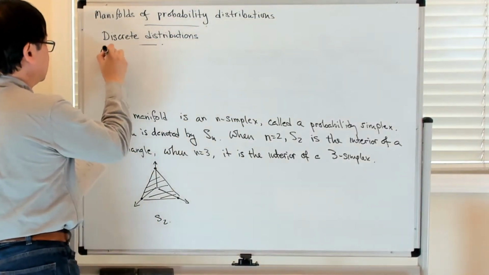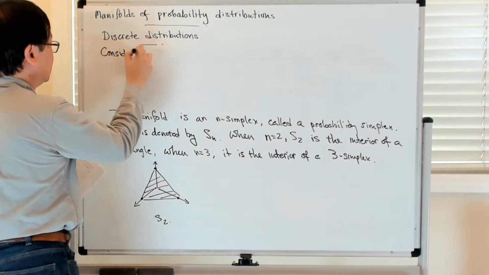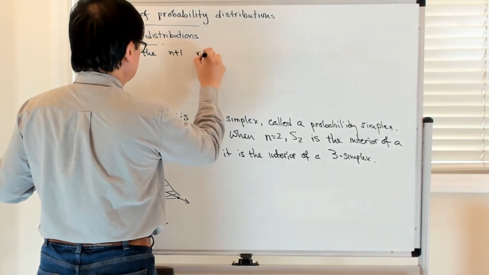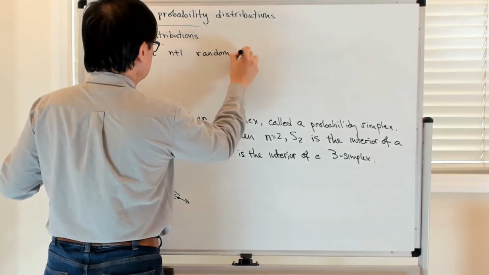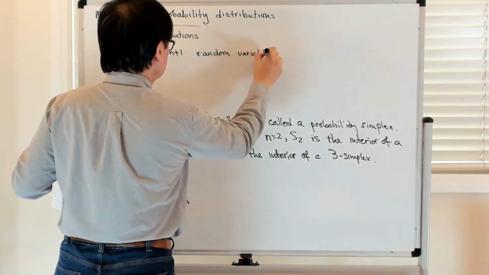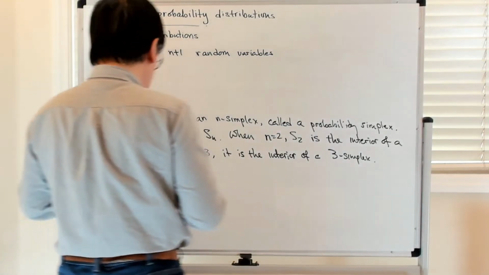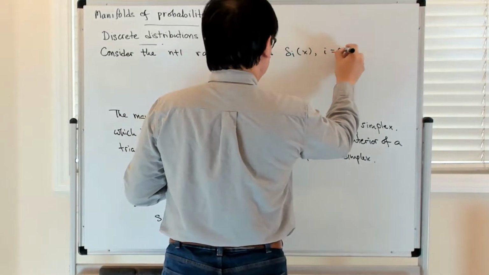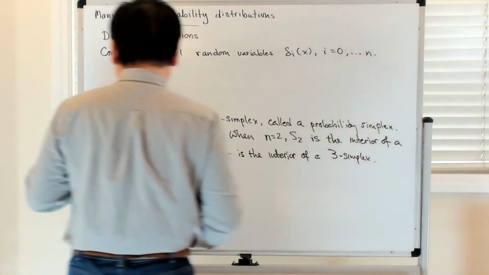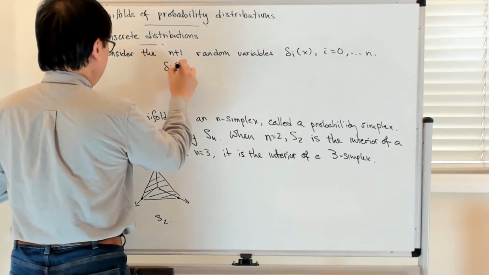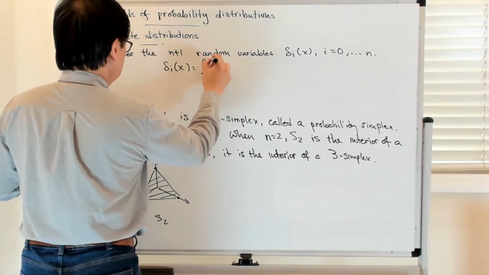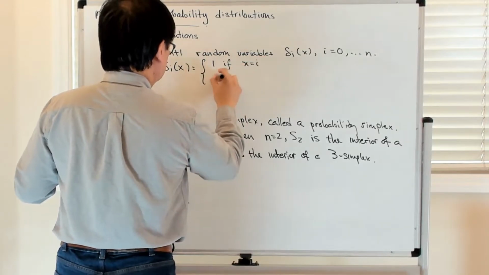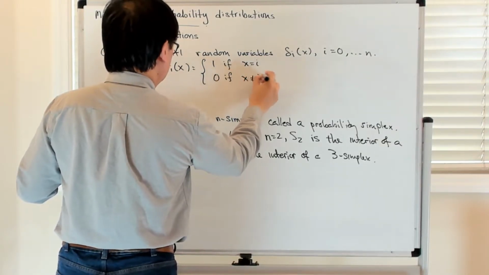So let's consider the following n plus 1 random variables, delta_i of x, where i goes from 0 to n, and delta_i of x is equal to 1 if x is equal to i, and 0 if x is not equal to i.